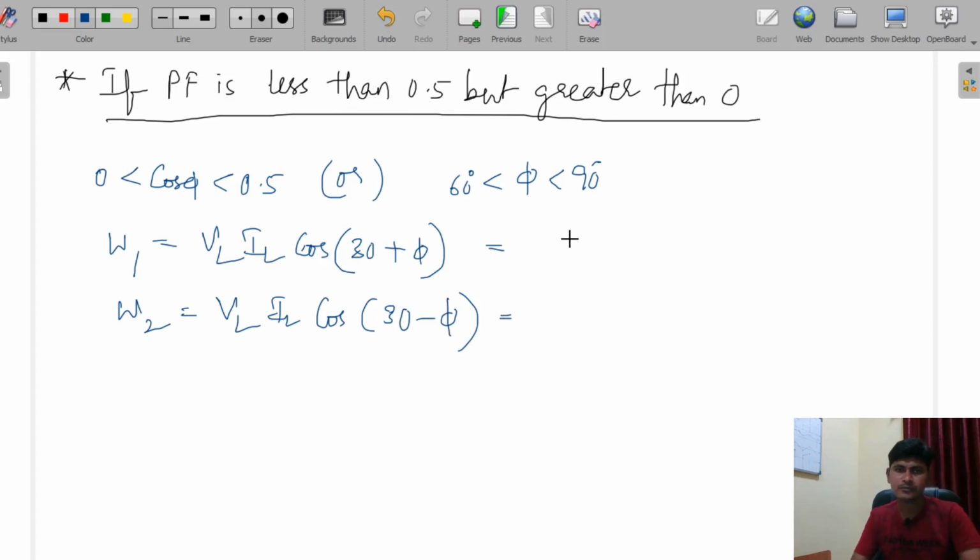Now 30 plus 60, if it is 60, then cos 90 equals 0. This angle is more than 90, that is, phi is more than 60. If phi is more than 60 and less than 90, you are going to get a negative reading.